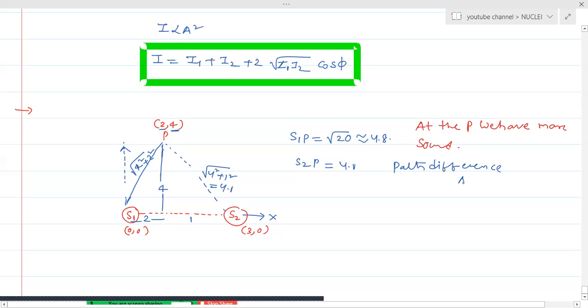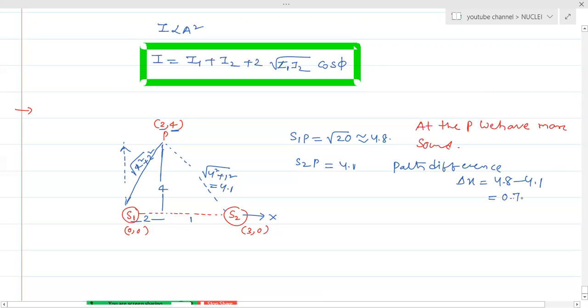The path difference delta x is equivalent to 4.8 minus 4.1, which is 0.7. So that is the path difference when we have the maximum sound. Whenever we have a path difference of at least lambda, we have the maximum sound. So that is the condition. Therefore we take lambda equivalent to 0.7.